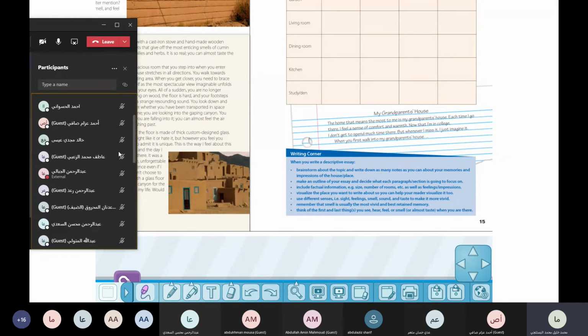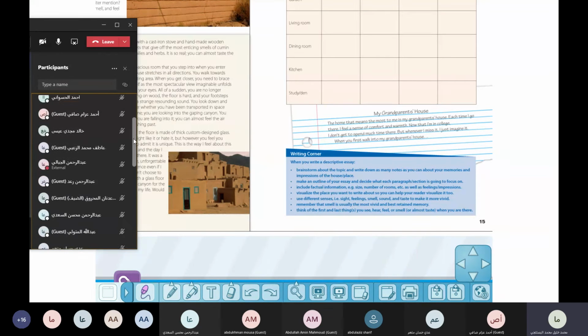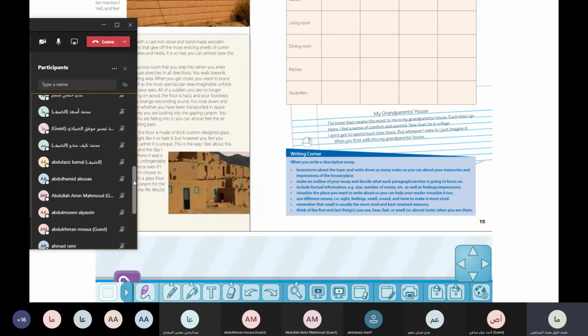Good. Number 4. Who can read number 4? Let me choose Muhammad Naif. Yes. Number 4, please. Visualize the place you want to write about, so you can help your reader visualize it too.